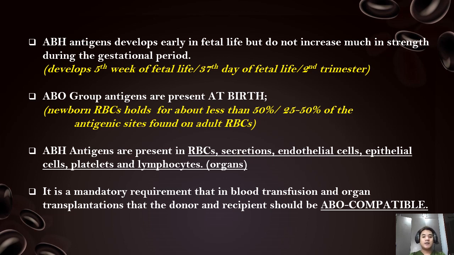And this is exactly why in transfusion practices and organ transplantations, it is a highly mandatory requirement that the recipient and the donor must be confirmed as ABO compatible before performing the said medical procedures.